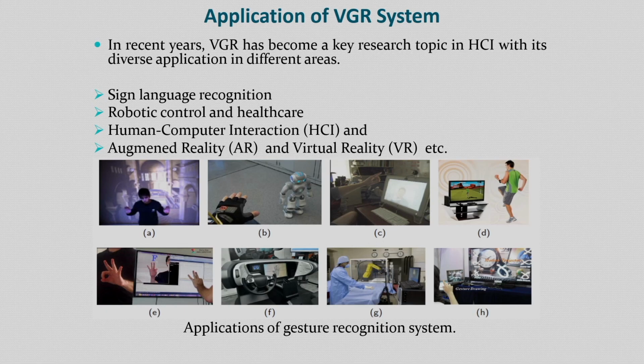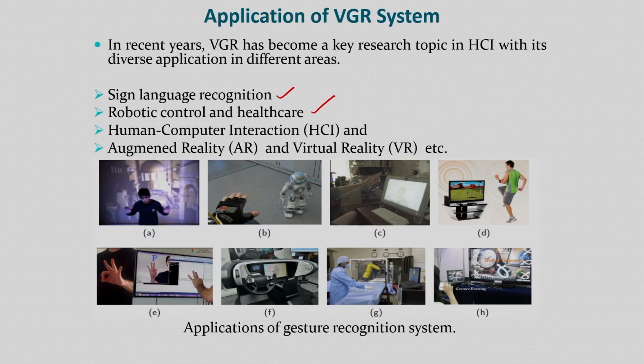VGR means the vision based gesture recognition system. One important application is the sign language recognition. Another one is robotic interactions, and also for healthcare there are many applications like laparoscopic surgery by using the gestures, or maybe the window menu activation by considering the hand gestures.